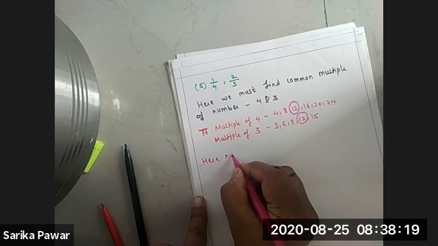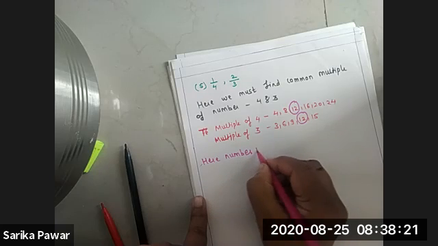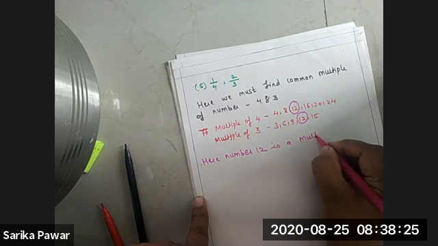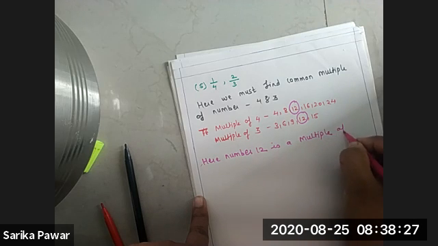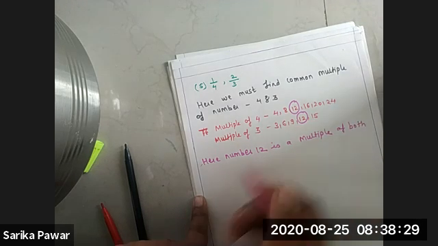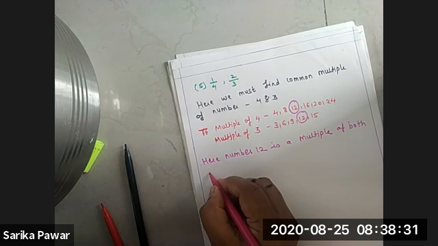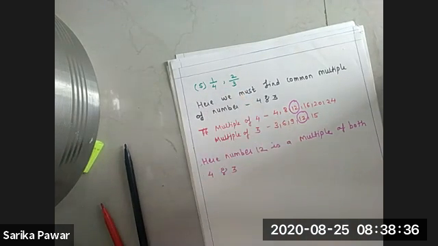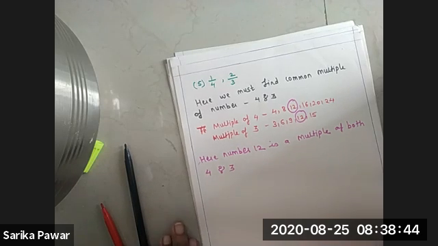Here the number 12 is a multiple of both, 4 and 3, because 4 and 3 are the denominators in the given fractions, and they are unlike fractions. Now what do we have to do? We have to convert them into like fractions.